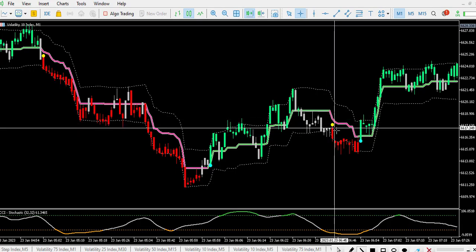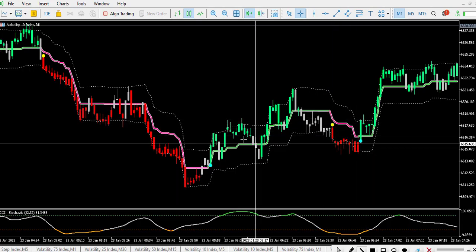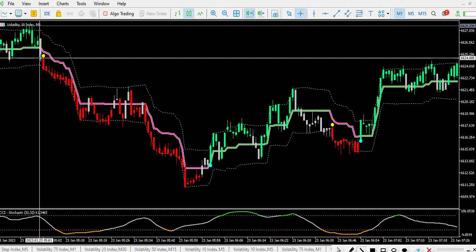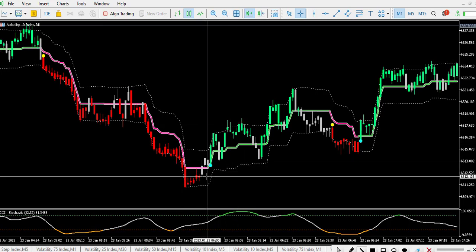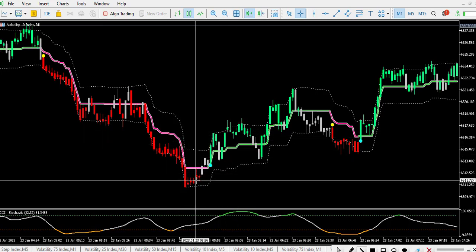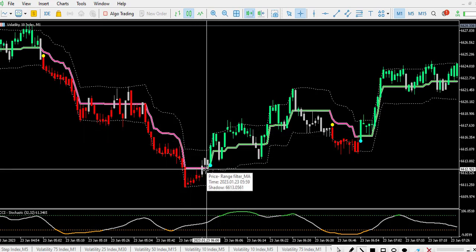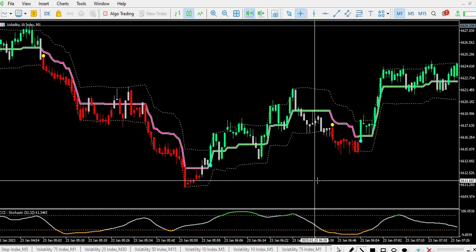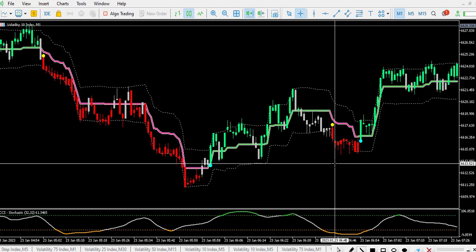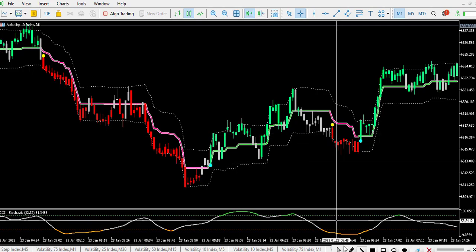Then you wait for this ball to be in agreement before you place your trade. Most of the time the indicator will change, this line will change to red before we have the ball, so you wait for the ball before you place your trade, to be in agreement. And it is very simple to use, anyone can use it.